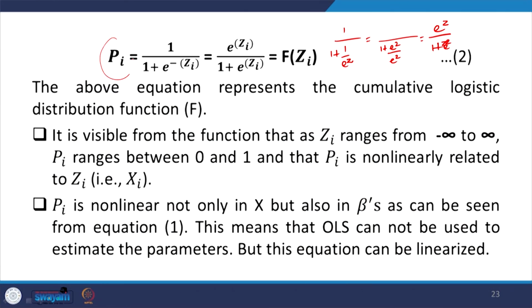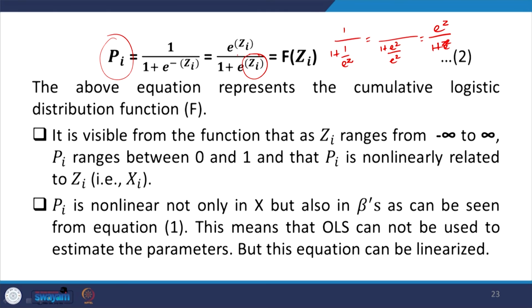Now, coming to the discussion of the ranges of the z function, or the expected value of the probabilistic function as P I, that is 0 and 1. So, now another important aspect is that P I is non-linearly related to z I. Even in the diagram it is non-linear.